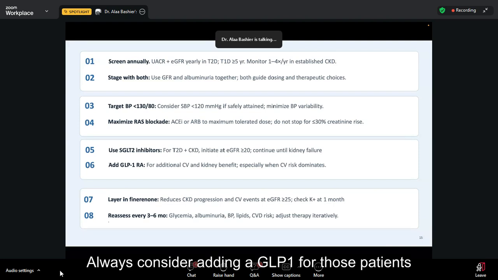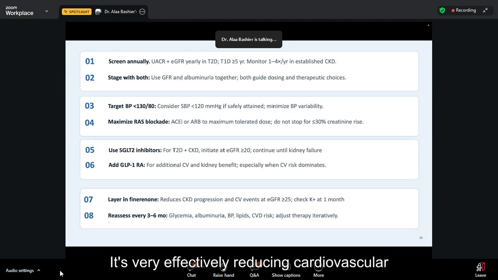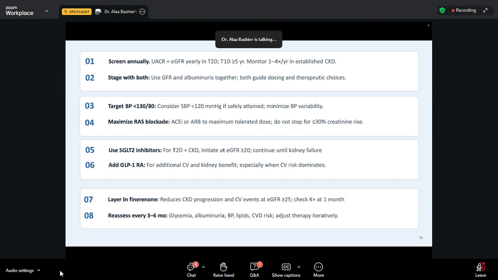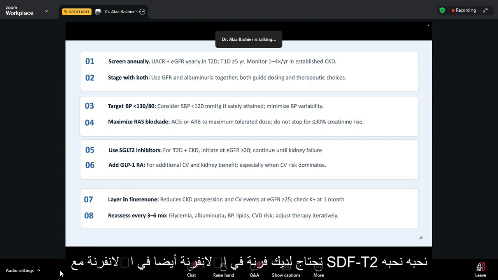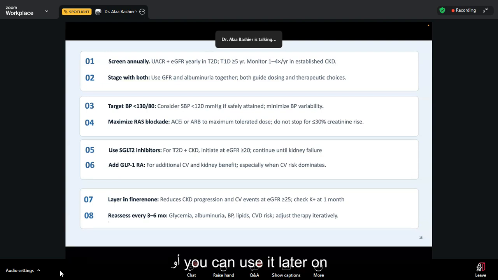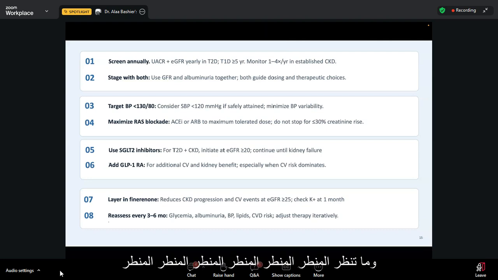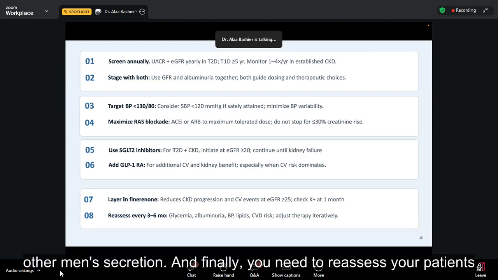Always consider adding a GLP-1 for those patients. It's very effective in reducing cardiovascular risk, weight management, and glycemic control. You will need to layer in finerenone, either in combination with SGLT2 inhibitors initially, or you can use it later on when you monitor the eGFR and the albumin excretion.